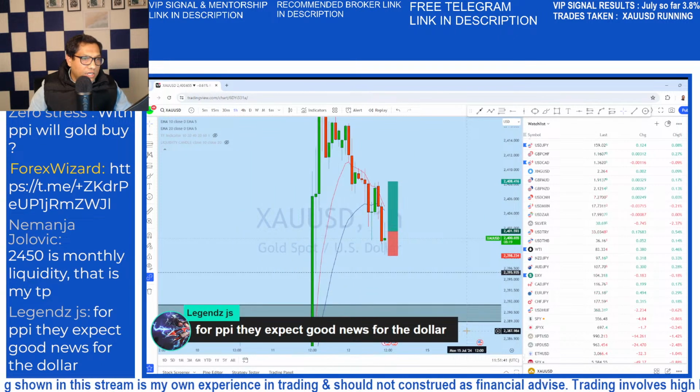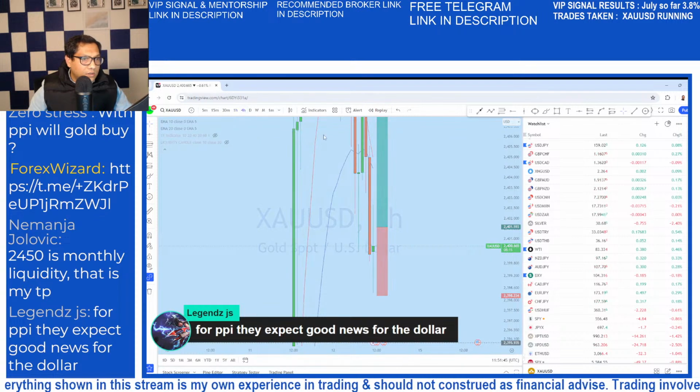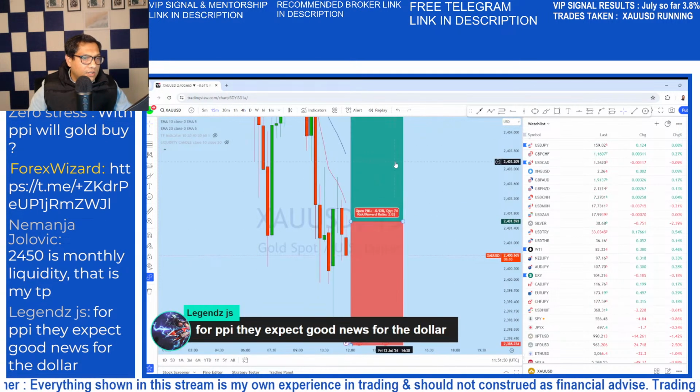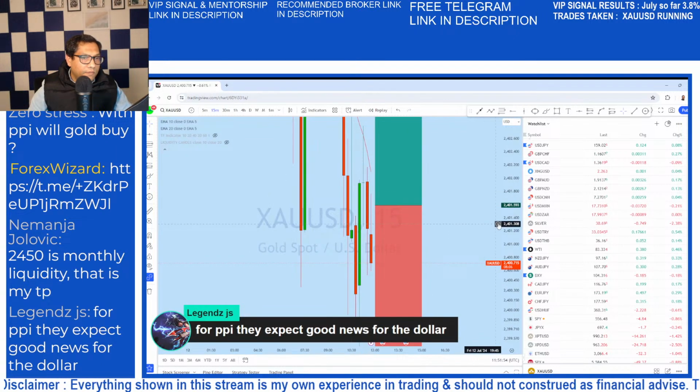So here, what you can see, the market has got a bounce. Here you can see that there is a bounce and gap opening.